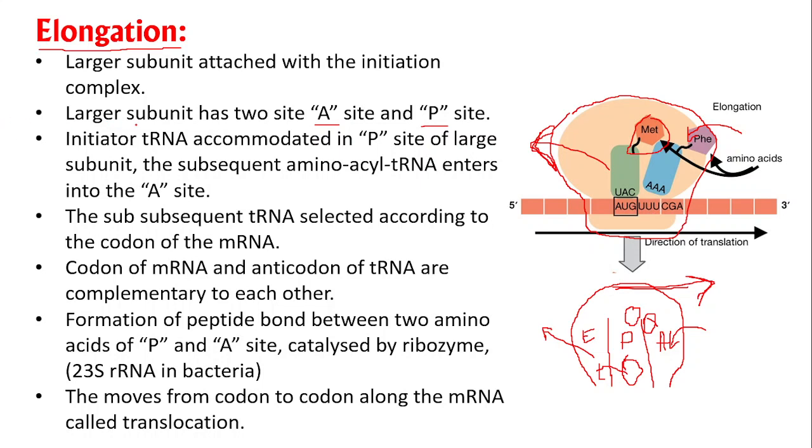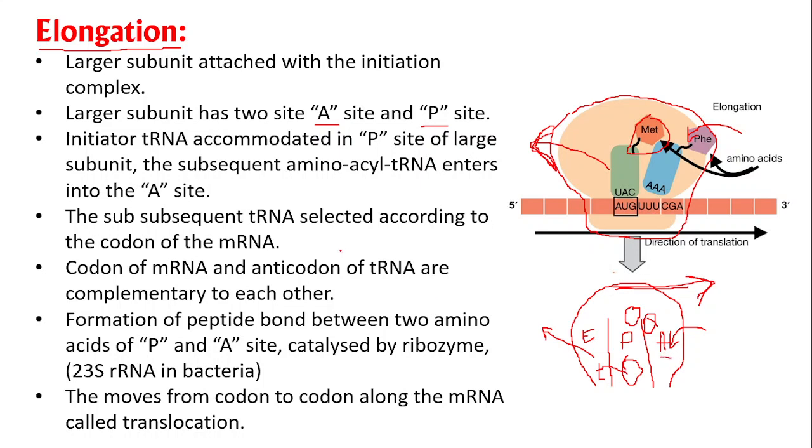See here, the initiator tRNA accommodates in the P site of the large subunit. The subsequent aminoacyl tRNAs enter the A site. I have shown it in the diagram. Subsequent aminoacylated tRNAs will enter into what? The A site, A region.